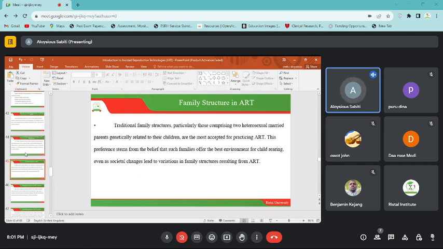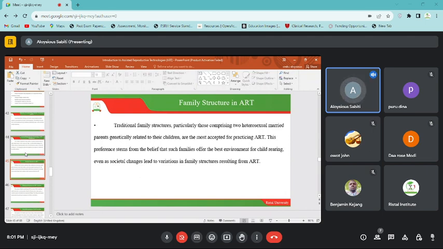This is one of the considerations or one of the theories that have come up as a result of ART. And we're saying traditional family structures, particularly those comprising two heterosexual married parents genetically related to their children, are the most accepted for practicing ART.